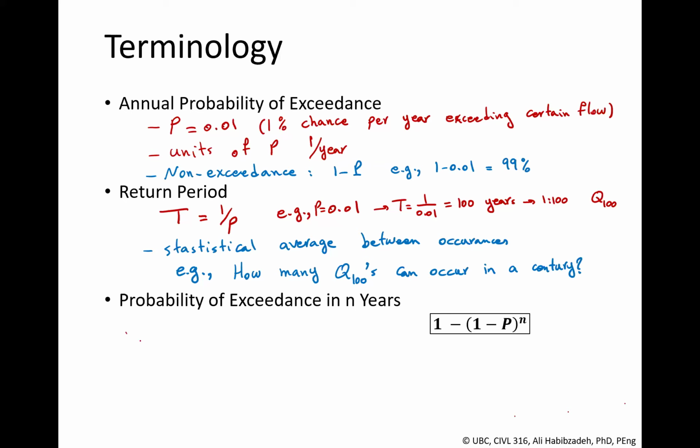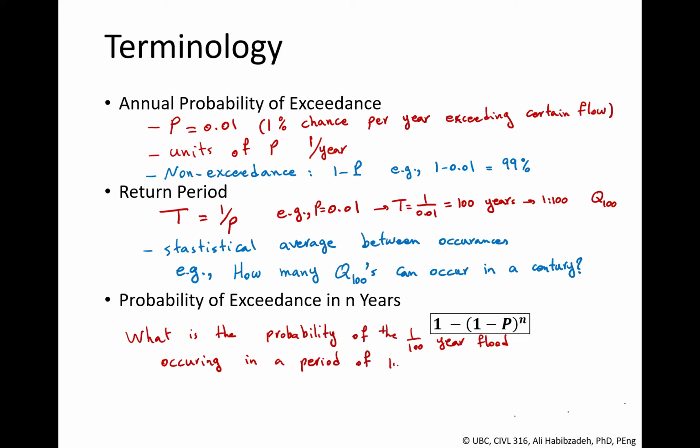It is telling us the probability of the 1 in 100 year flood occurring in a period of 100 years.